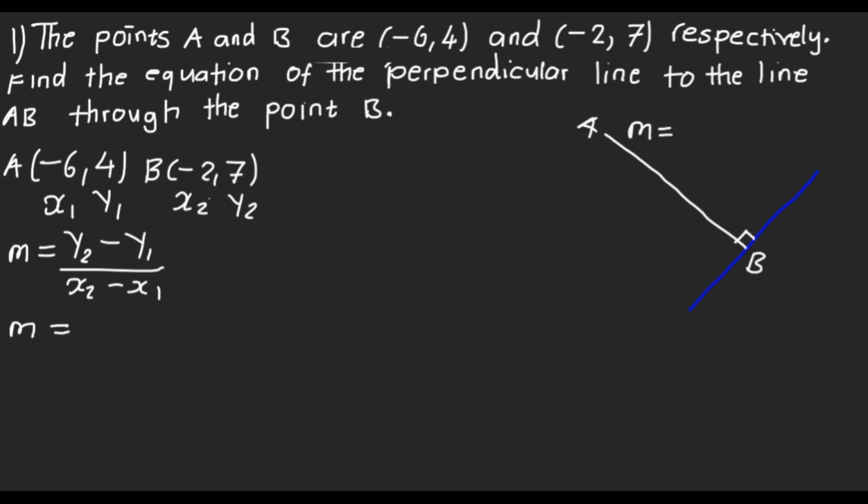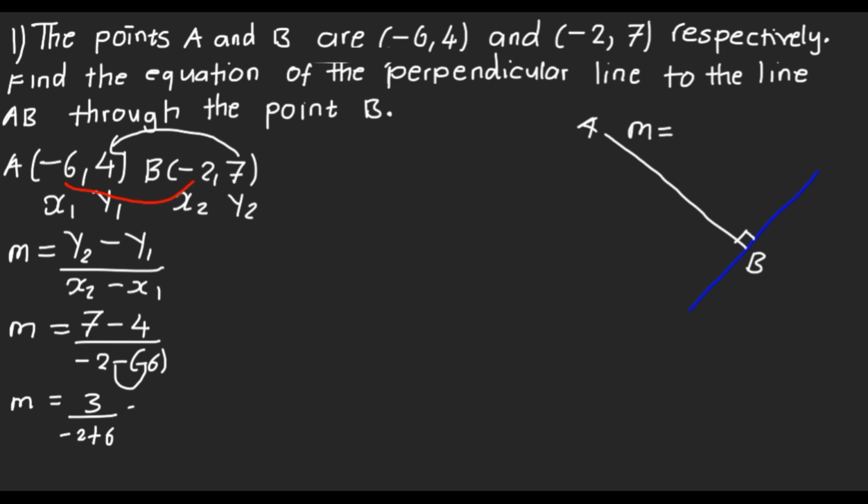So y2 is 7, subtracted 4, so it's 7 minus 4, then the other part will be negative 2 minus negative 6. So 7 minus 4 will give us 3. Negative times negative is positive 6, so negative 2 plus 6 will give us 4. So our gradient for the first line AB is 3 over 4.